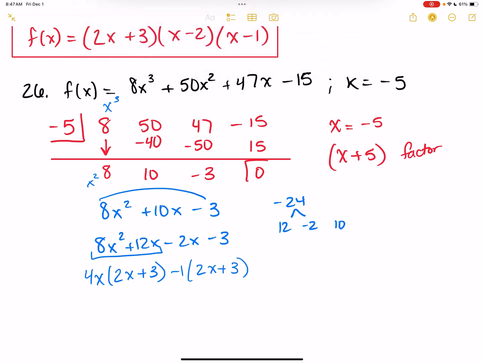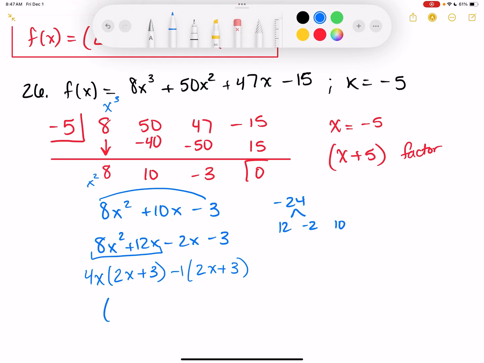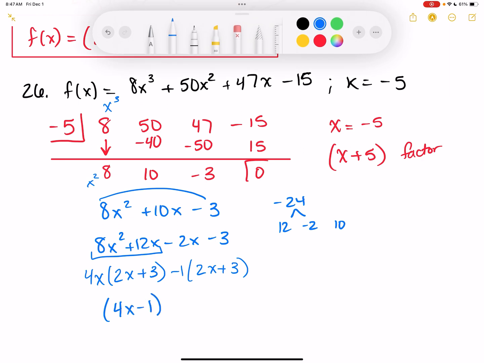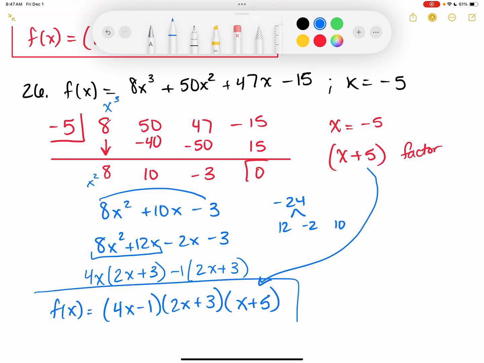So then I've got 4x minus 1 times 2x plus 3 would be those factors. And then I need to bring this other one down that I already had. That's probably the biggest thing people forget is bringing that one down. So then we just need to multiply by x plus 5. And we would be done.